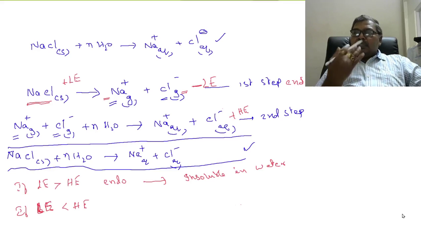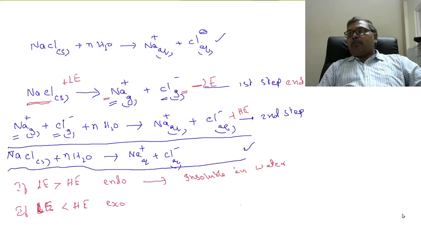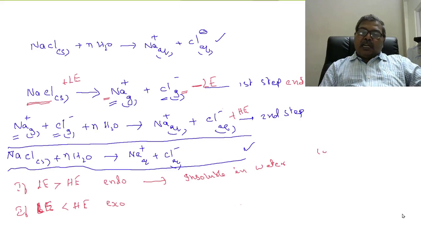Energy required is less, it liberates more energy, means overall process is exothermic. See, for example, lattice energy is 100, hydration energy is 50. Lattice energy is greater than hydration energy, then it is endothermic process. Then the ionic compound is insoluble in water.